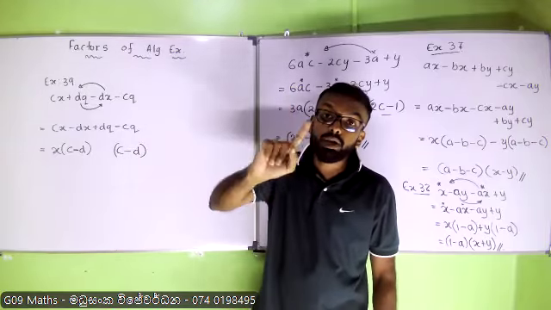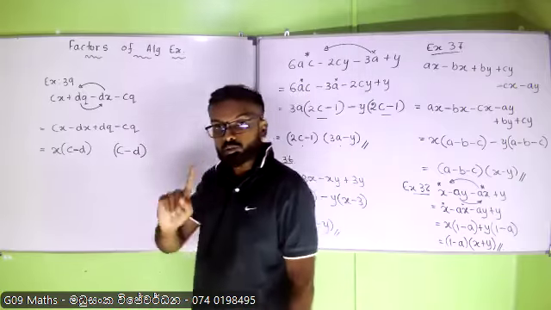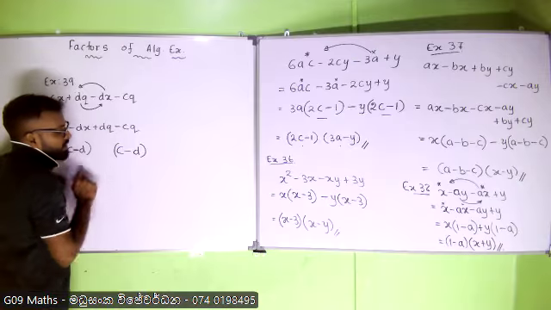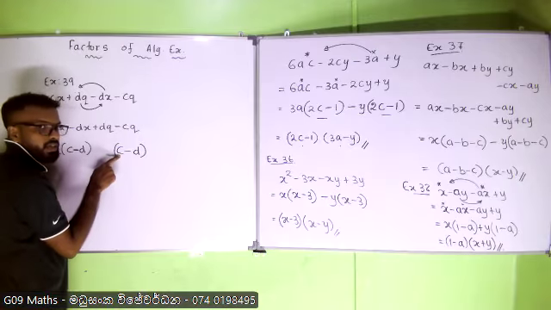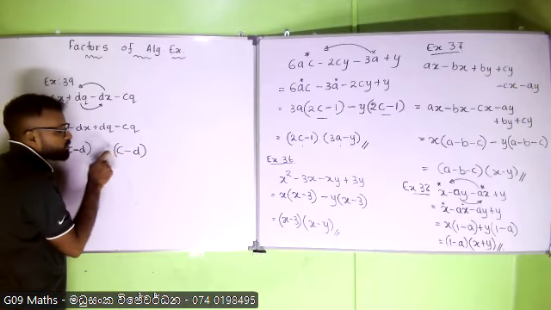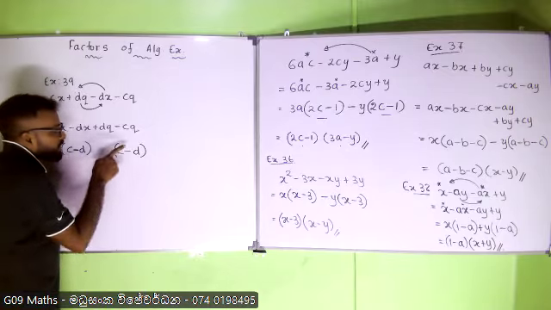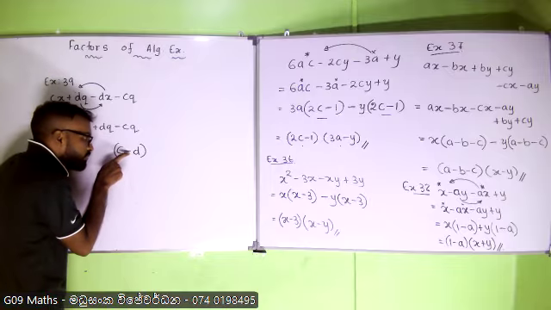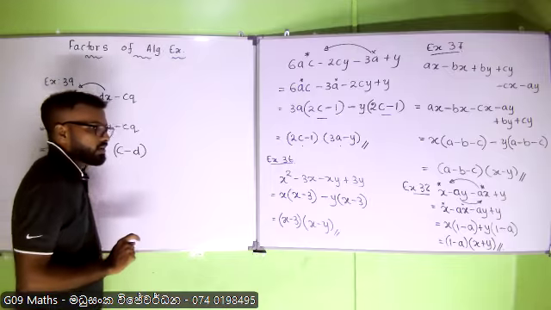But let's compare the signs. Here you have minus c. When it comes to here, it becomes positive c. Here you have positive d. When it comes to here, it becomes negative d.